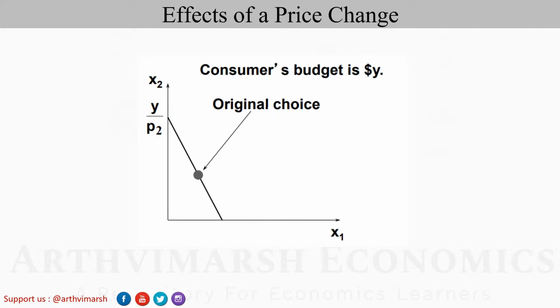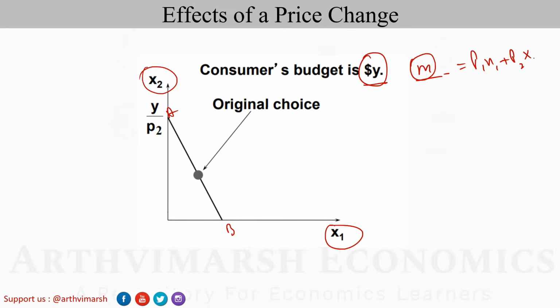To understand this concept in detail, let us look at the graphical analysis. Now we have a two commodity space, X1 and X2. The original budget line is given by this straight line, AB, and the budget is given as $Y, or you can take it as M also, M as a function of price times quantity of 1 and price times quantity of 2.